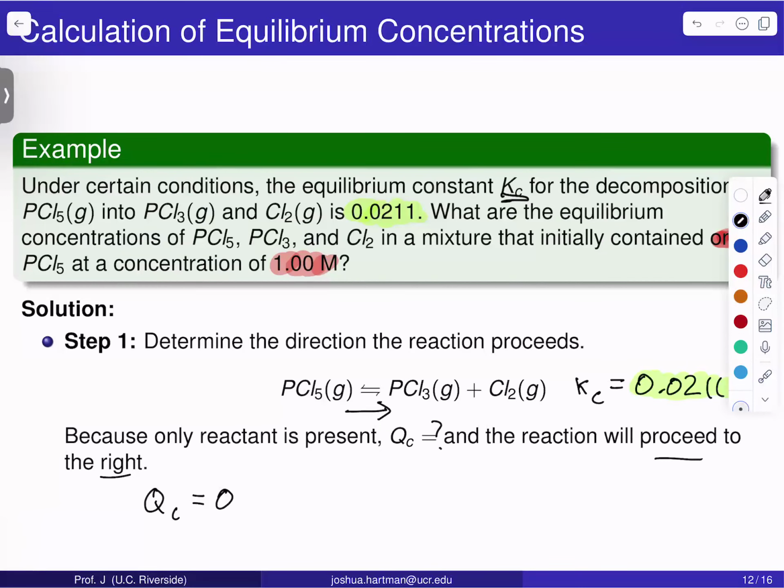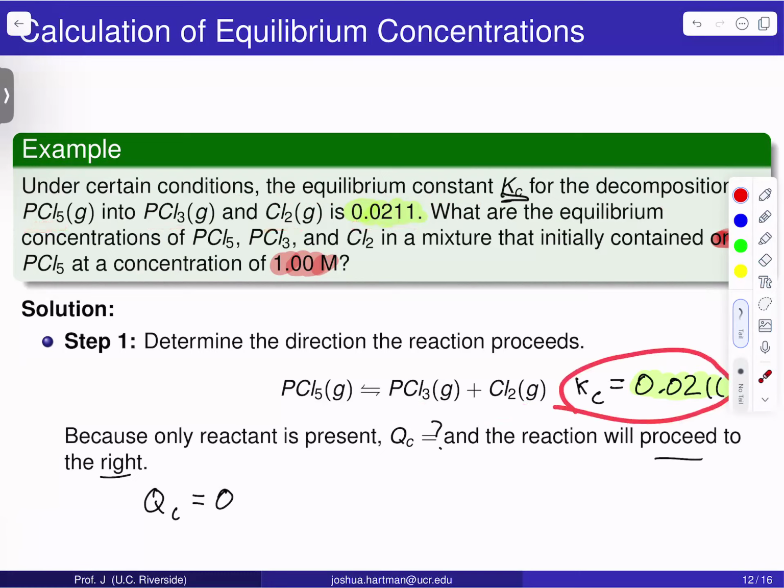Next one I want to look at involves this reaction here between PCl5 and forming PCl3 and Cl2. So we're told that under certain conditions, the equilibrium constant for this decomposition is 0.0211. And notice here that I'm making it clear that PCl5 is decomposing into PCl3 and Cl2.